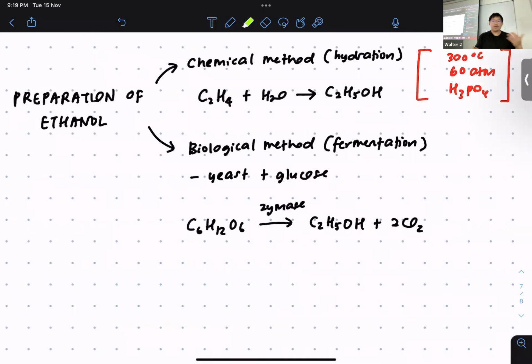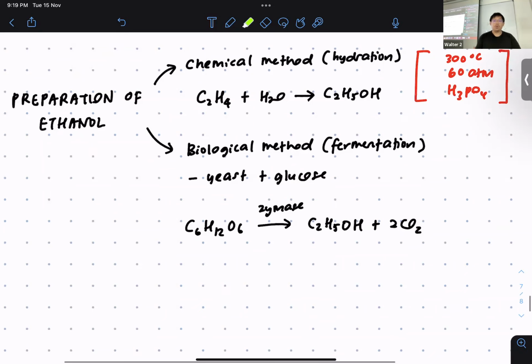There will be ethanol and such. So in order for you to separate out ethanol from the rest of the components, usually what they do is that they will separate off the alcohol mixture from the cells. And then after that, you have your water and your alcohol mixed together. Then you carry out something called fractional distillation to separate out alcohol from water itself.